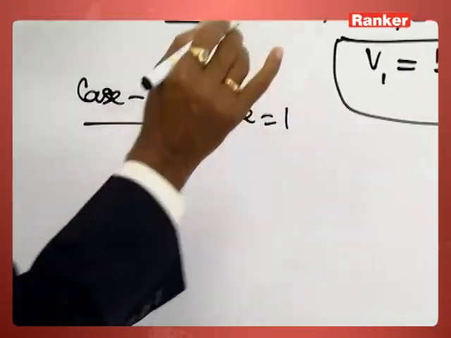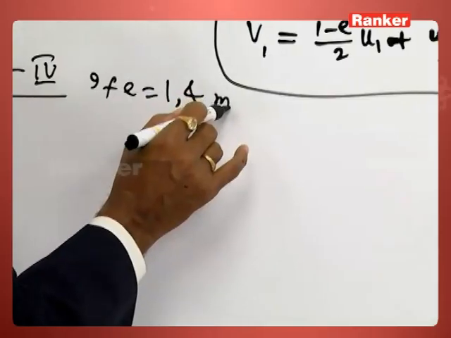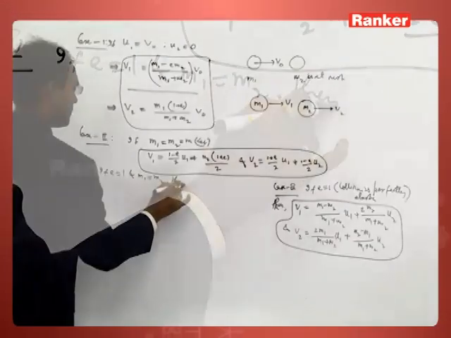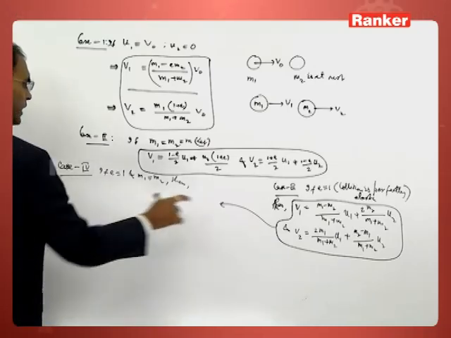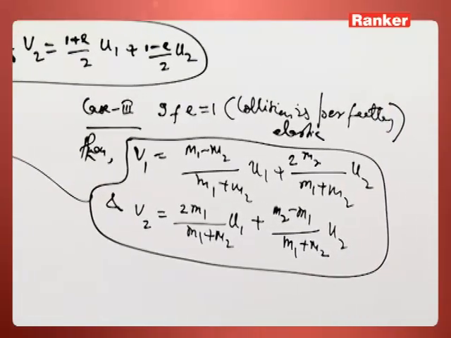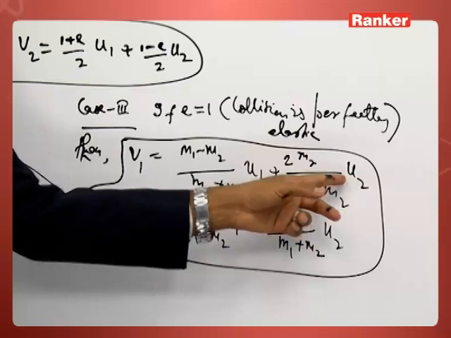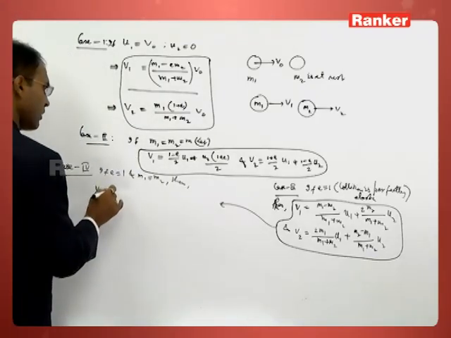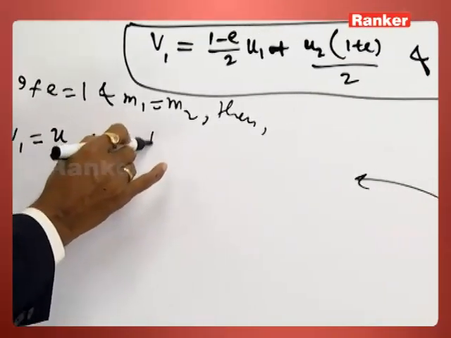we can write another subcondition. If the collision is perfectly elastic and M1 equal to M2, then if you use this formula, put M1 equal to M2, having already put E equal to 1 in the master expression, to get V1 equal to, this factor will go, V1 is equal to U2 and V2 is equal to, this factor will go, V2 is equal to U1.